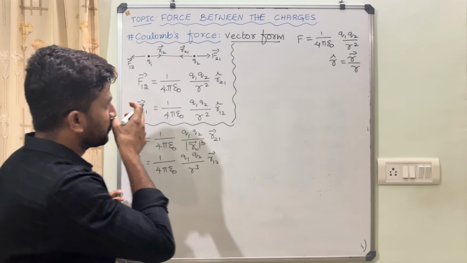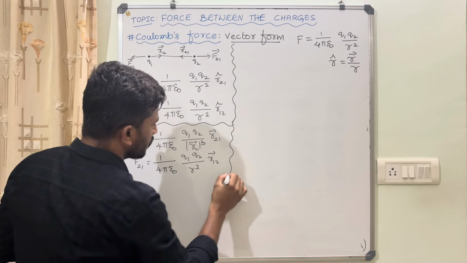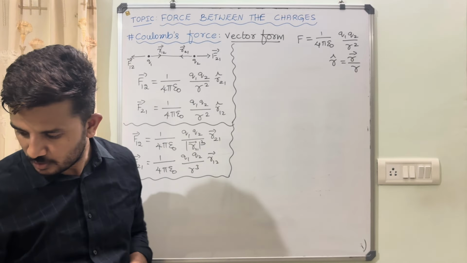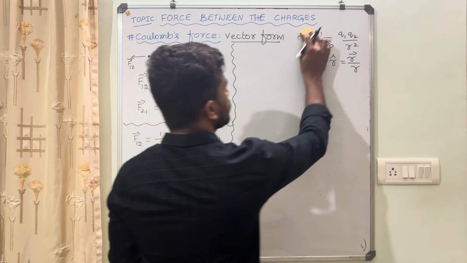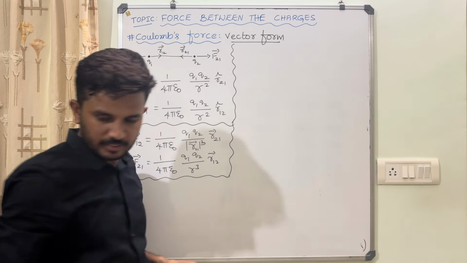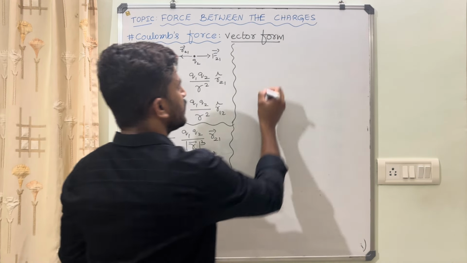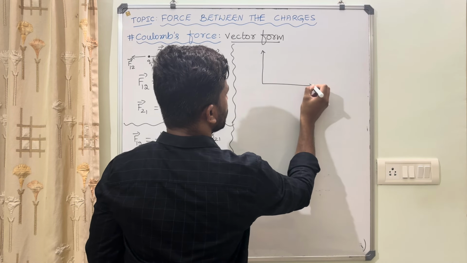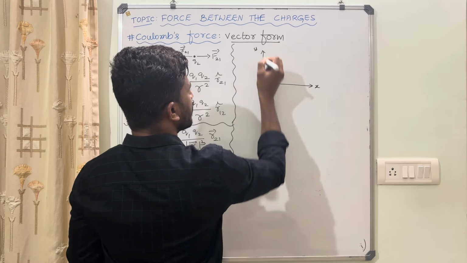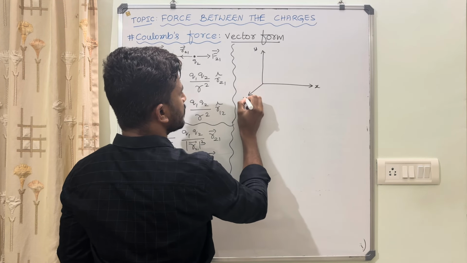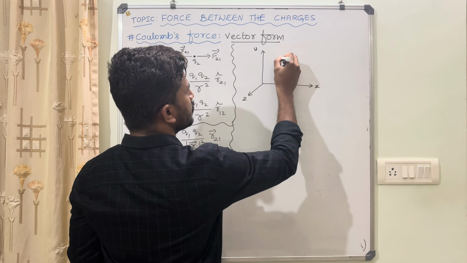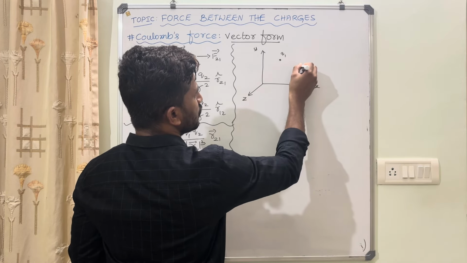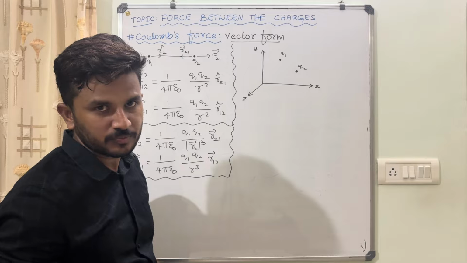Next, we have one more way to write the Coulomb force, the standard form. For that, I will take a three-dimensional setup along the x-axis, y-axis and z-axis. Let's consider a charge here, q1, and one more charge here, q2.